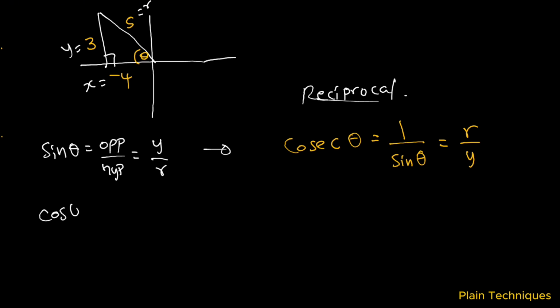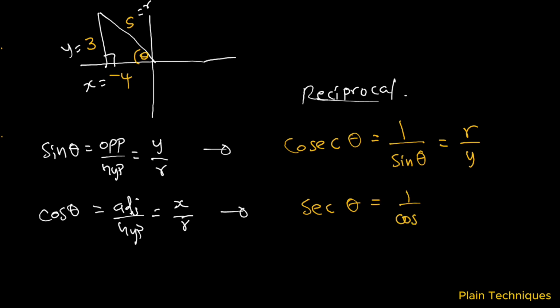And then what do we know? We know that cos theta is adjacent over hypotenuse. Okay? And then we know that it's x over r. And the reciprocal of cos is sec. Okay? So it's sec theta, which is 1 over cos theta. You look at what you have for cos and you just flip the fraction. So it's going to be r over x. Okay?